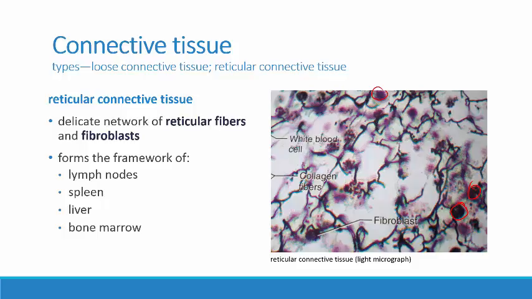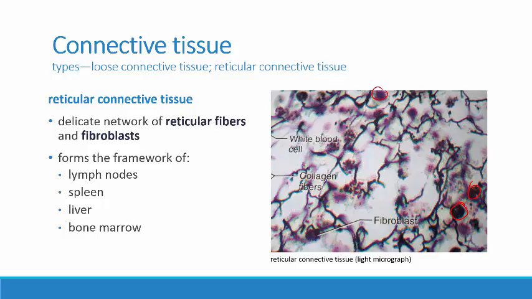And this forms the framework then of a number of different organs in the body. The lymph nodes, the spleen, the liver, even bone marrow is all built around a framework of reticular fibers.